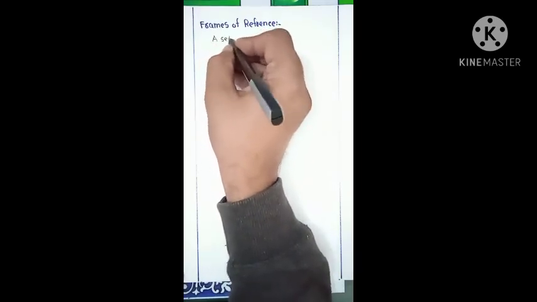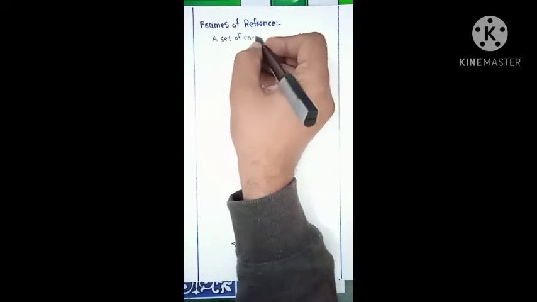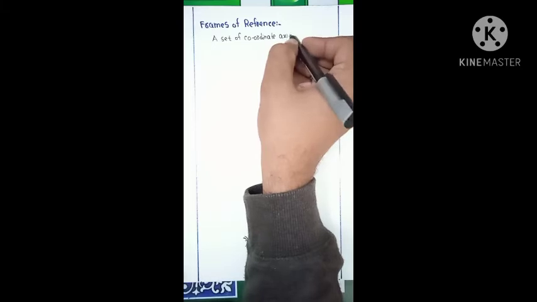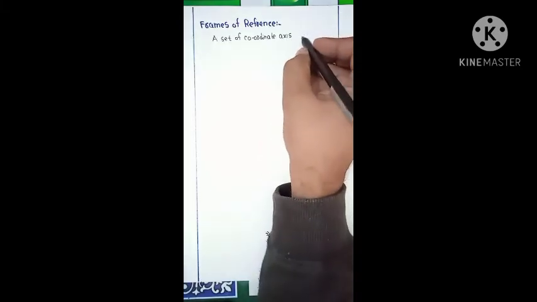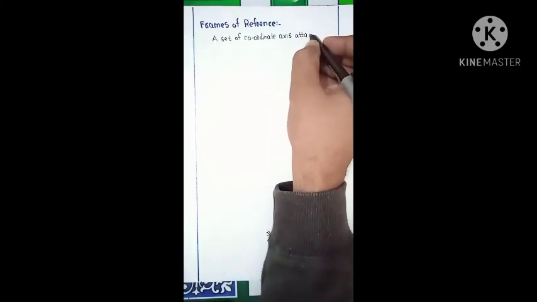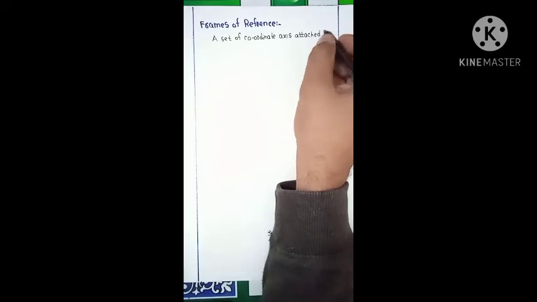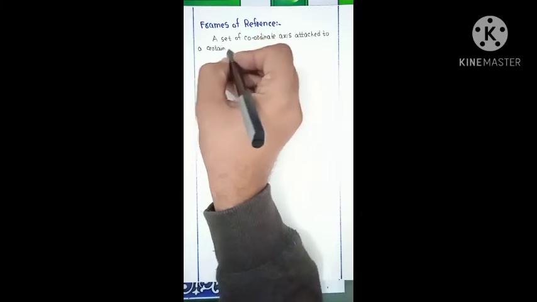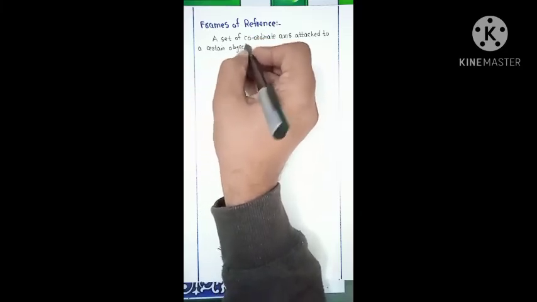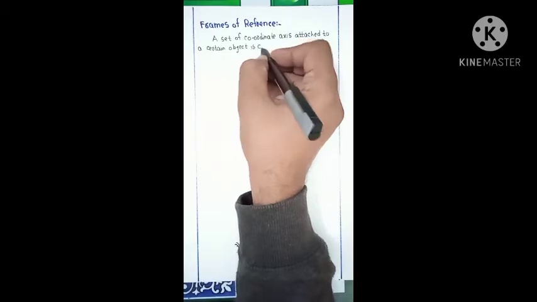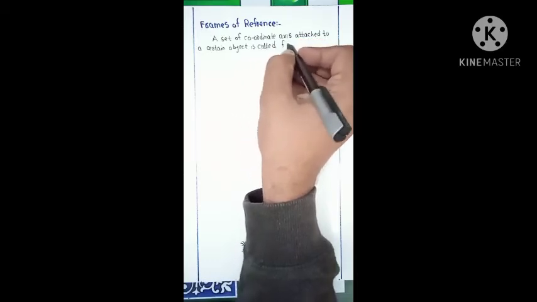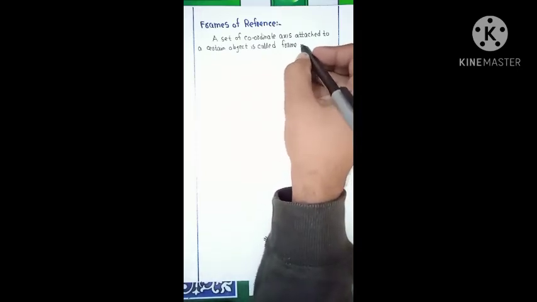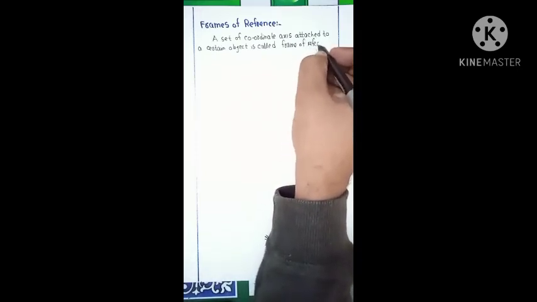A set of coordinate axes attached to a certain object is called a frame of reference.